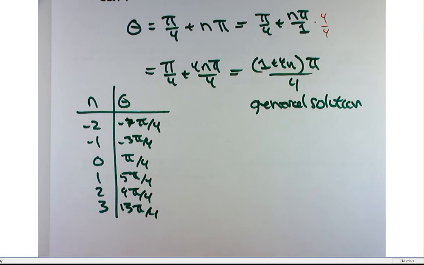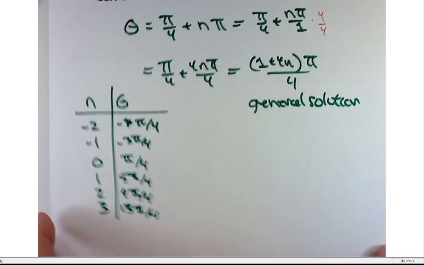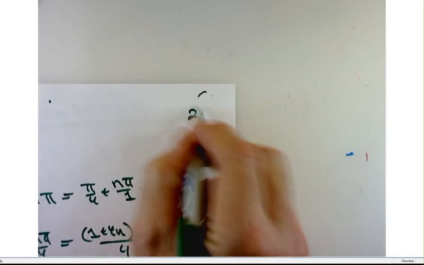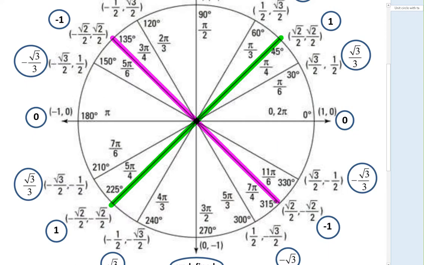Let's spice it up a little bit. Let's take a look at some different examples. I'll show you what this one looks like in your assignment in my math lab first.